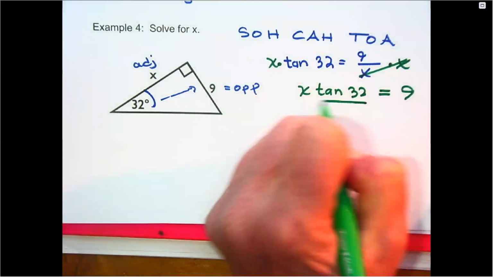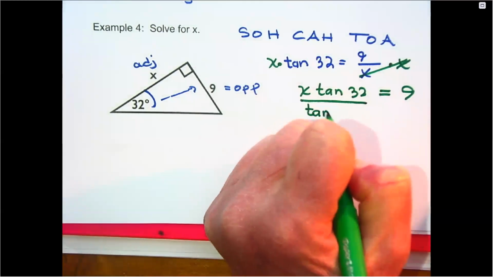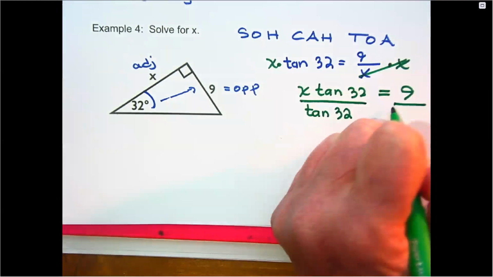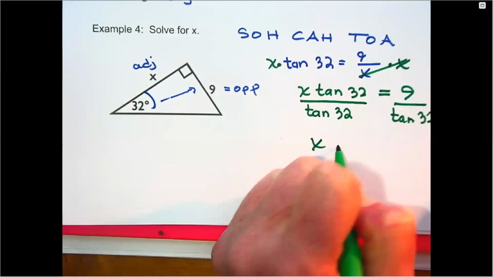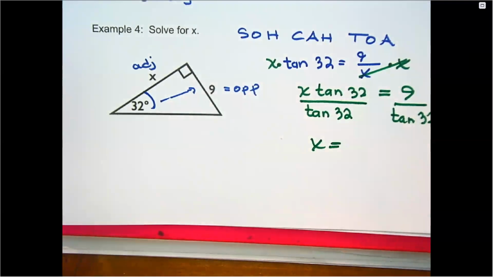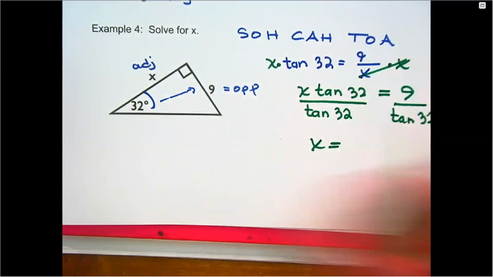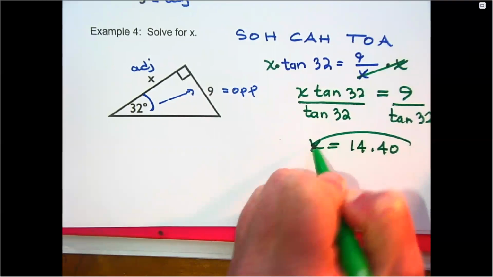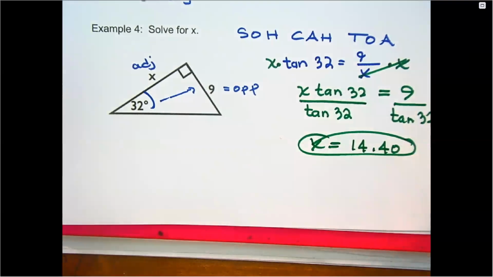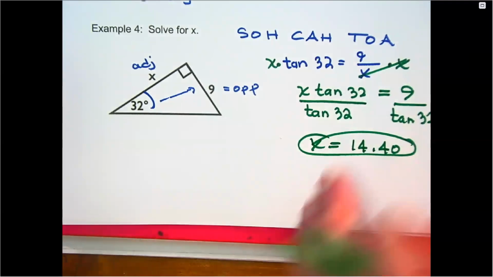So now I need to divide both sides by the tangent of 32. So x is going to be whatever 9 divided by the tangent of 32 is. And that's going to be 14.40 if you round correctly.